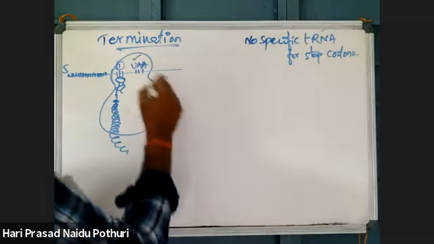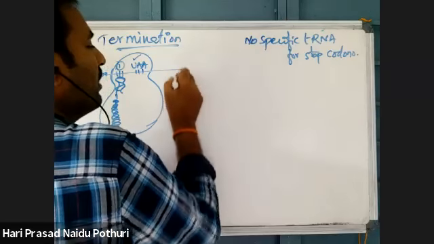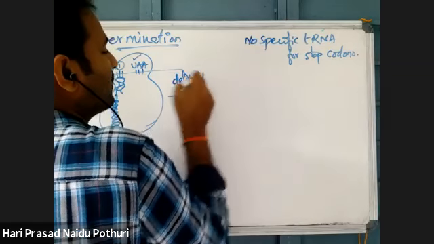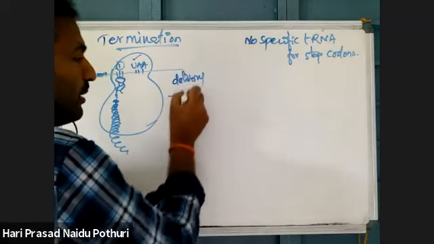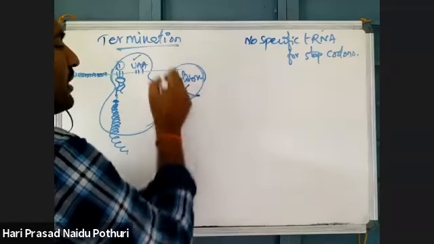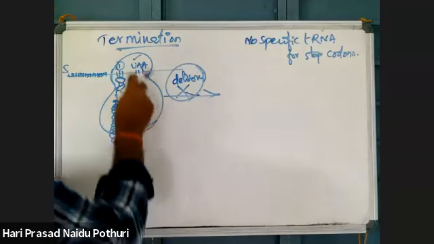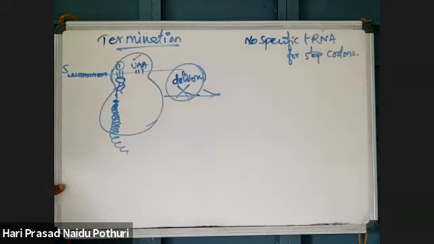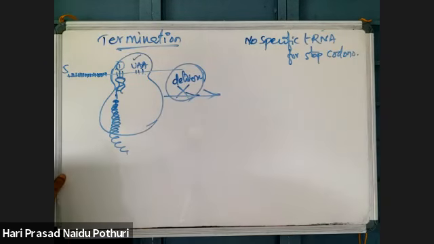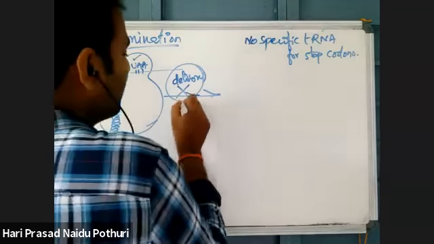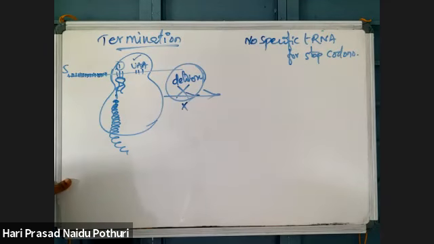After this, delivery of charged tRNA should take place, but that step is not possible because there is no specific tRNA that can combine with any stop codon: UAG, UAA, UGA. 3 stop codons. There is no particular tRNA. So delivery of charged tRNA failed.